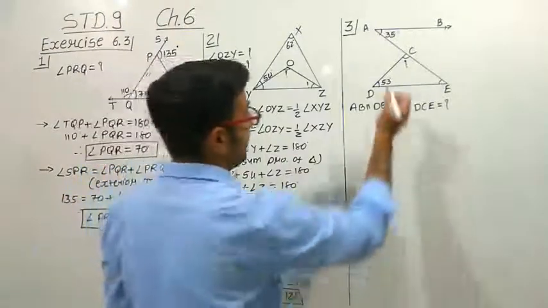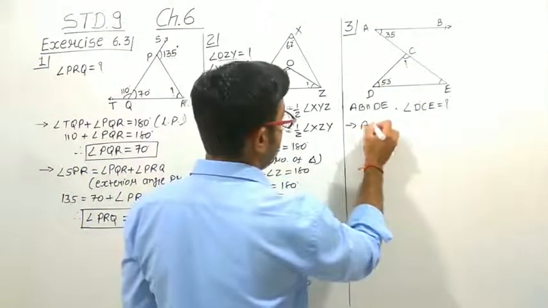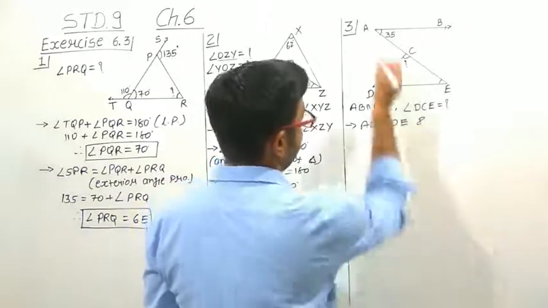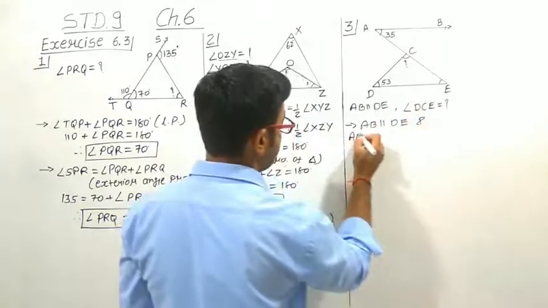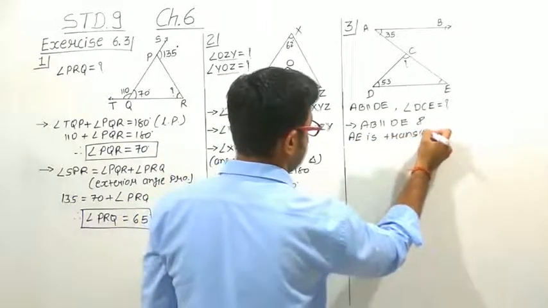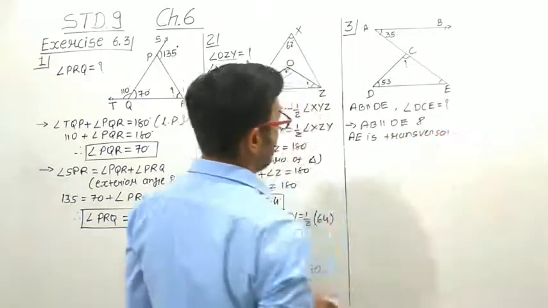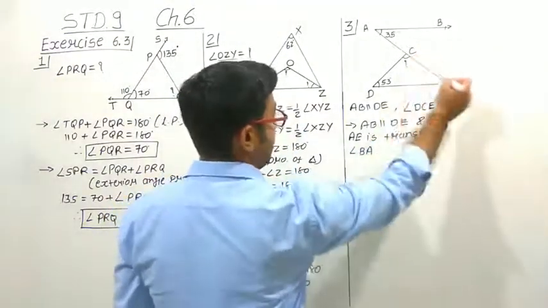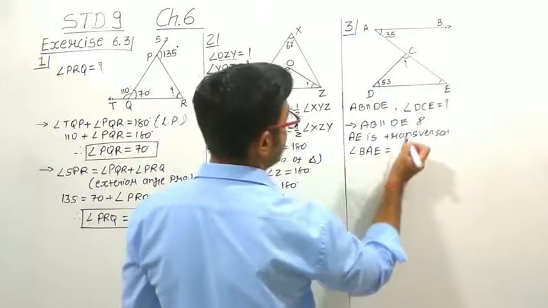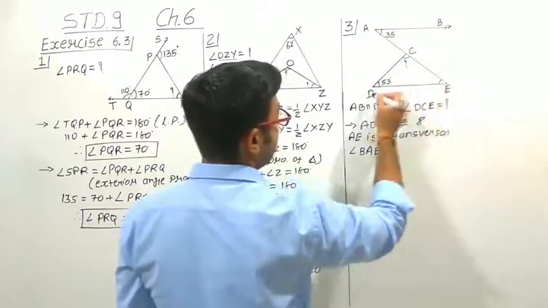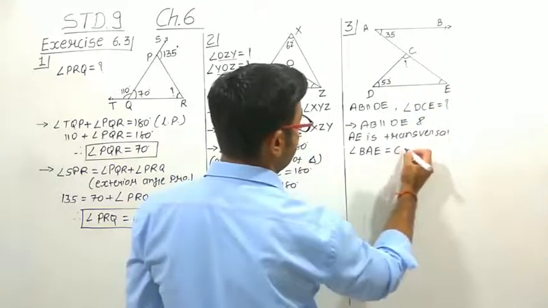We are given that AB is parallel to DE, and if we consider AE as a transversal, we can write that angle BAE is equal to angle CED or AED.